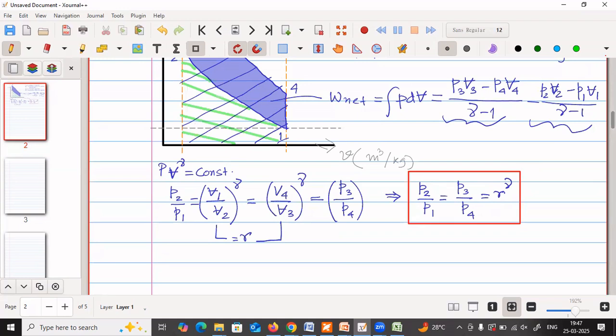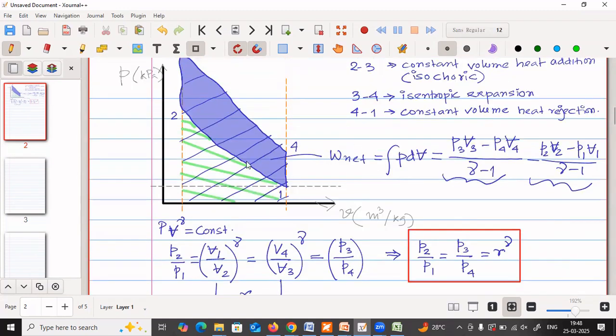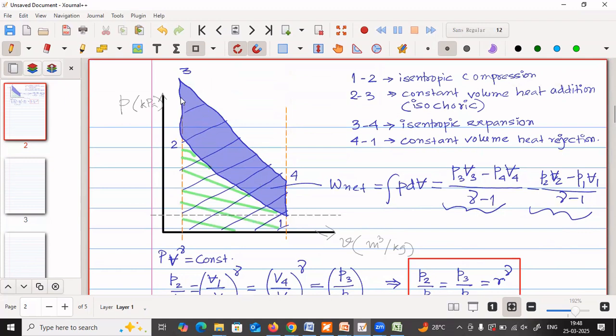Now the target is to calculate the work output. So this is the first step that we are doing. Next, we will define a quantity called the pressure ratio. Here you see that from 2 to 3, there is a change of pressure. So from 2 to 3, the pressure increases.